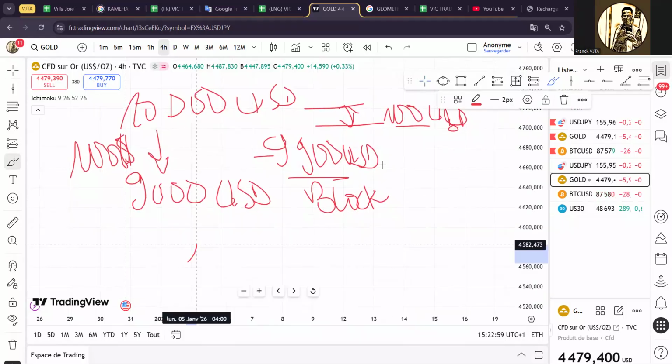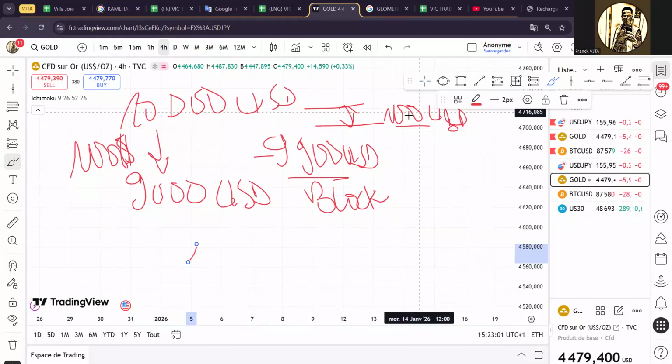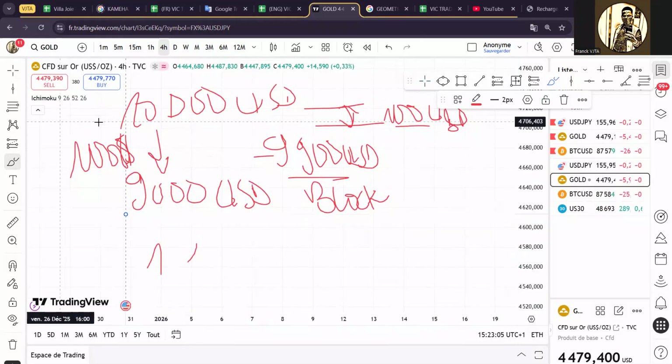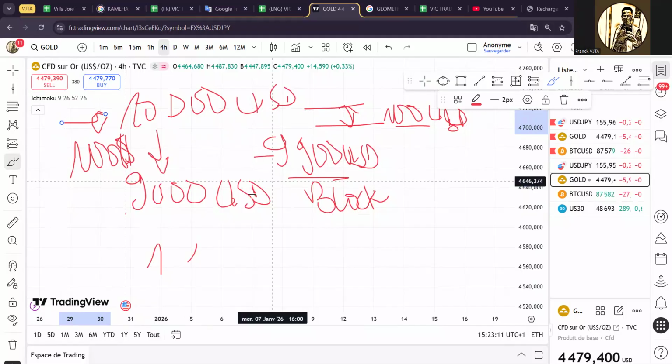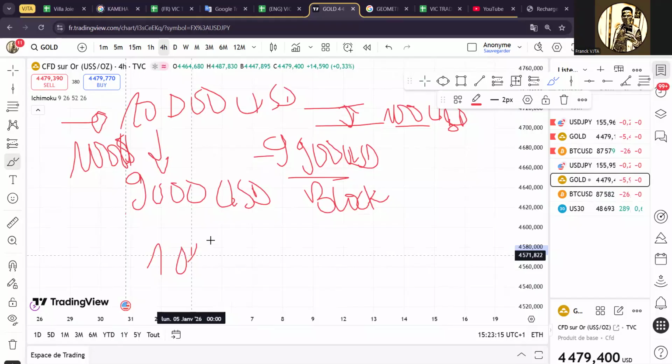So in this $100, now my capital is, in my head, in my calculus, no longer $10,000. It's not 9,000. It's not 900. It's only $100, right?